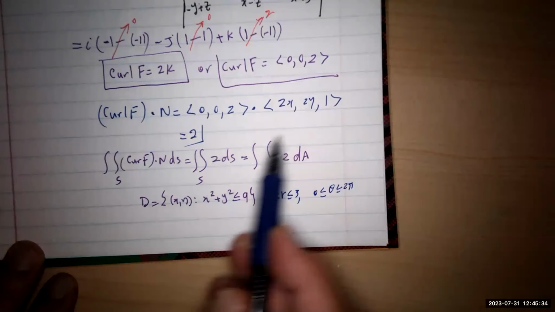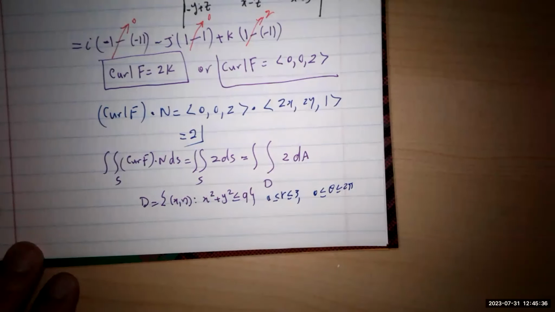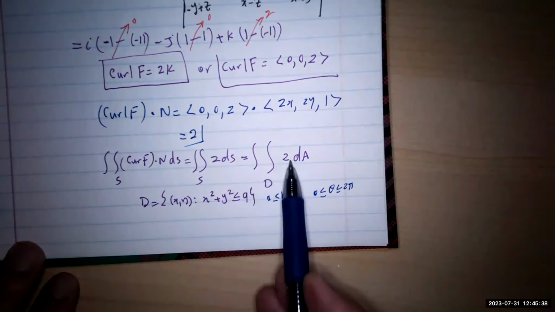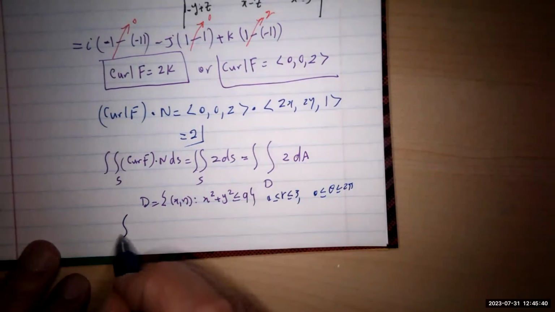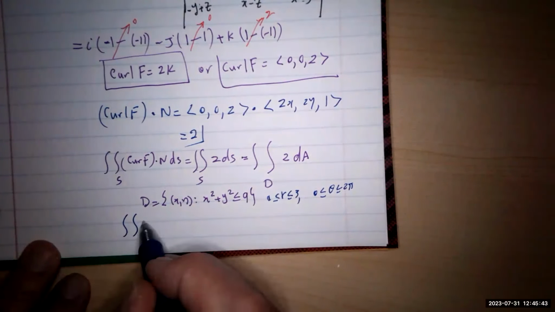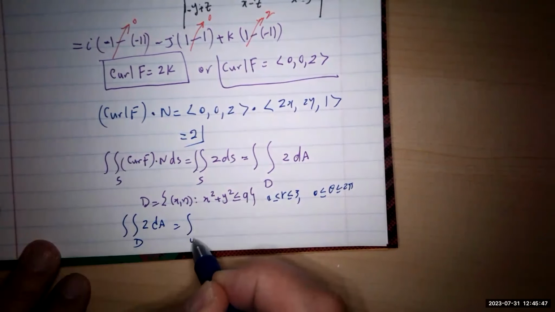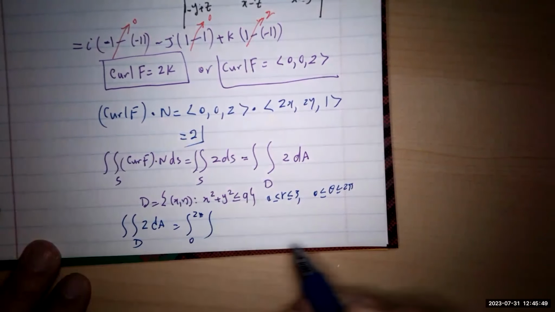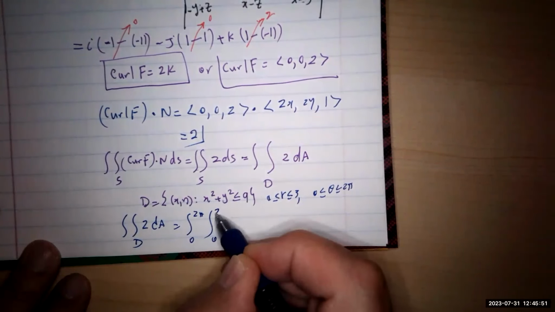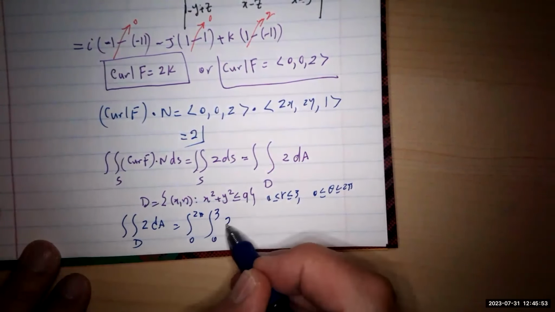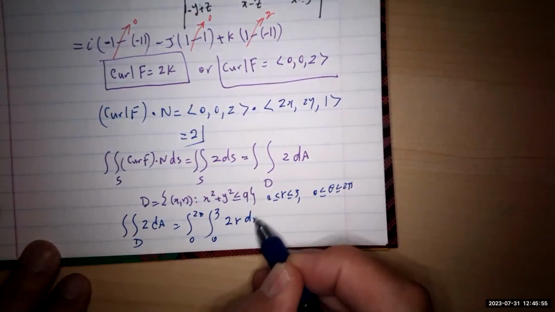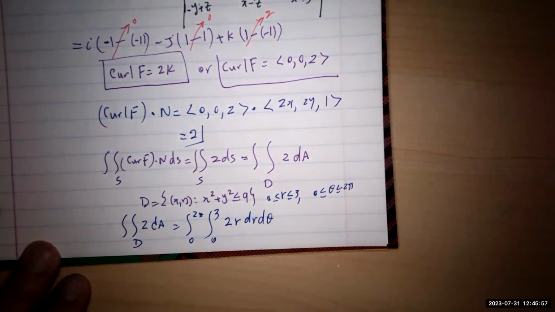So change this to the double integral in polar form. It's going to be theta from 0 to 2 pi, r from 0 to 3, 2 with the extra r, then dr d theta. Any question?